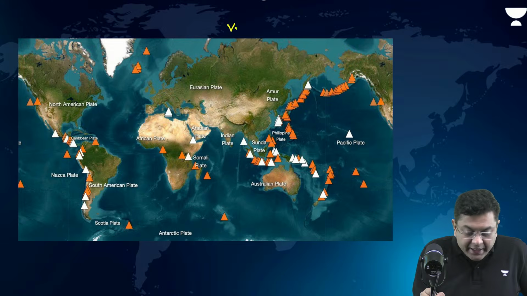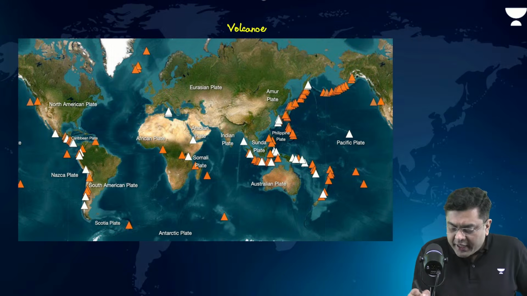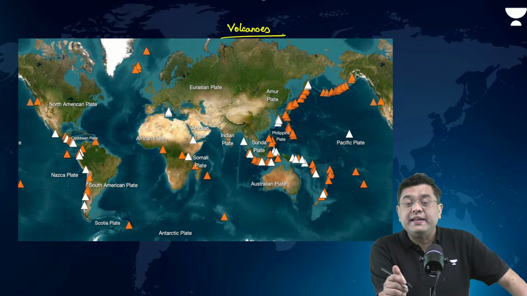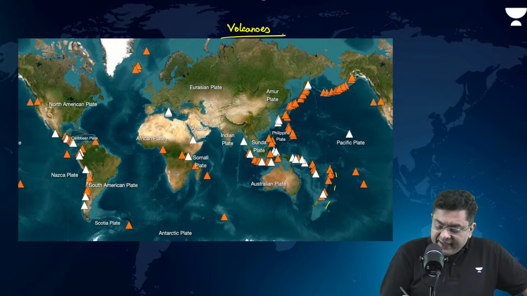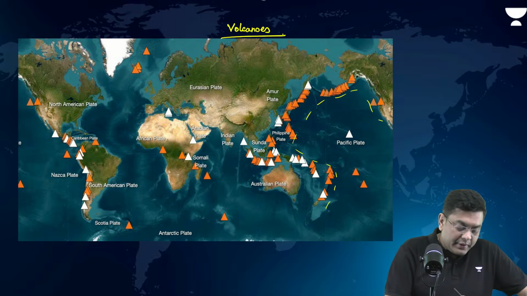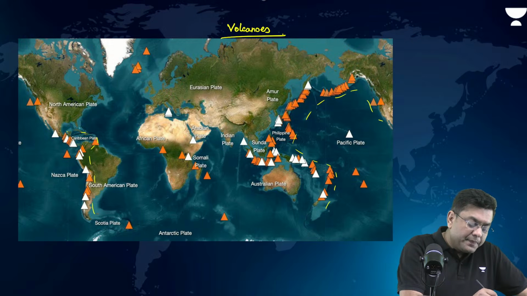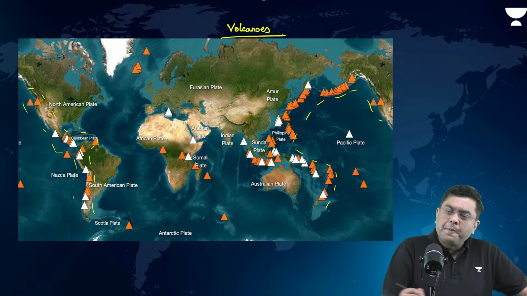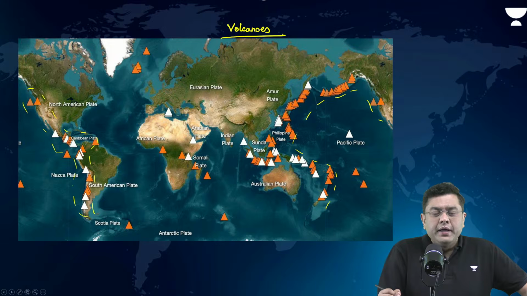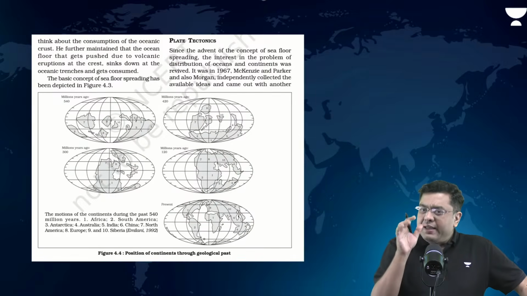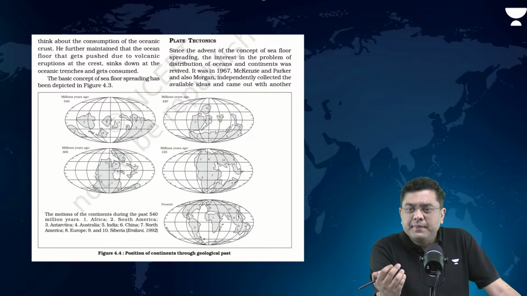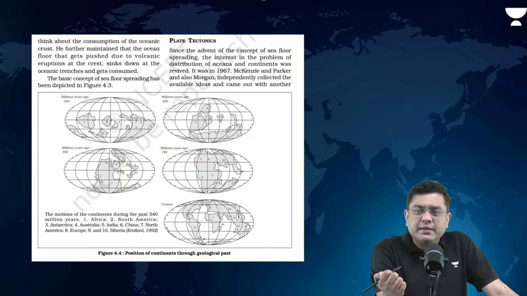Now, if you basically match it with the map indicating the volcanoes, it has a great similarity. This is the map indicating the major volcanic eruptions in the past century. Again, the same areas, the same regions, isn't it? So, based upon the study of this, people like McKenzie, Morgan, right?